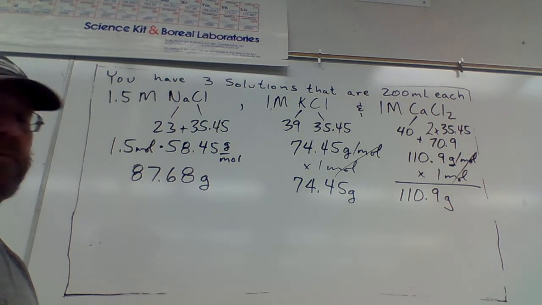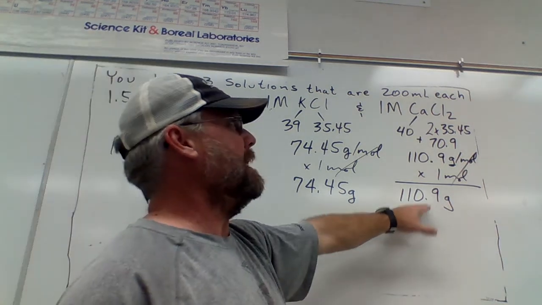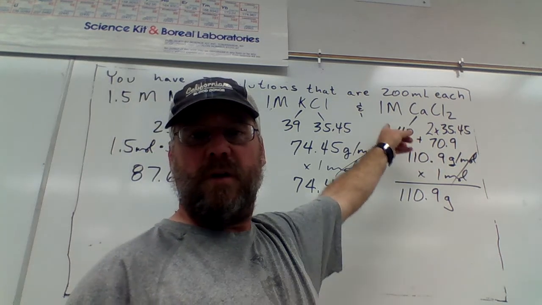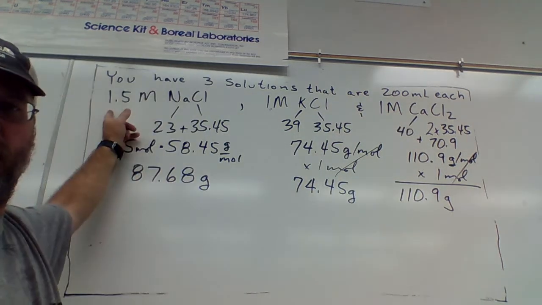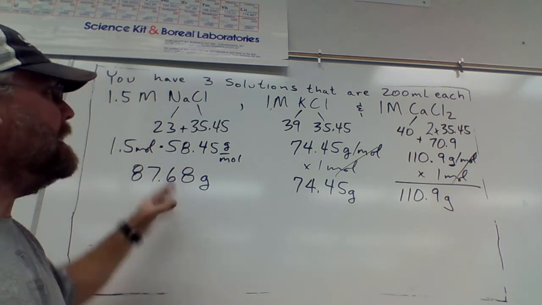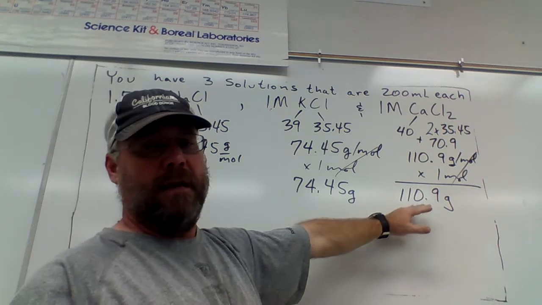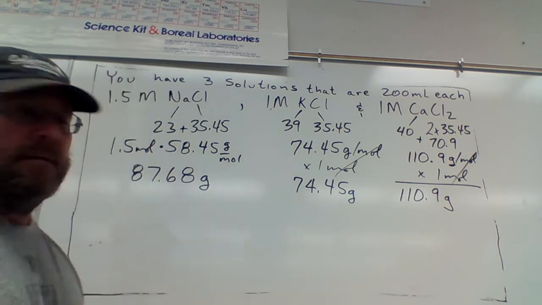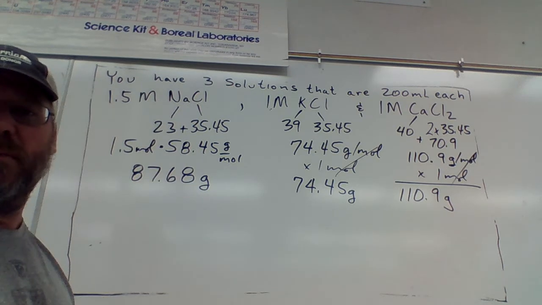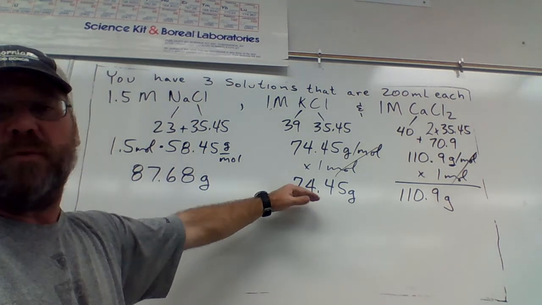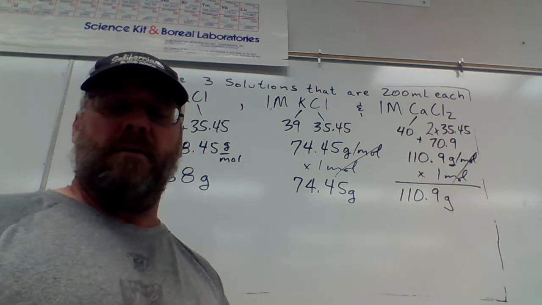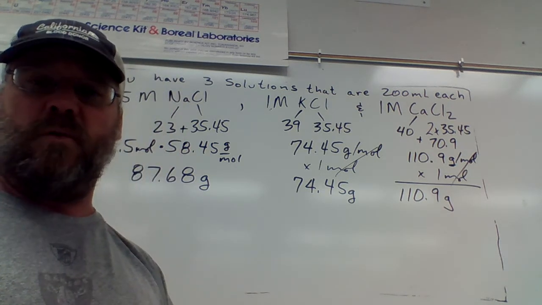And basically what we see is that 110.9, the calcium chloride, even though it has less concentration at 1 molar compared to 1.5 molar for the sodium chloride, it does actually have the greatest mass. Second place would be the 1.5 molar concentration of the sodium chloride. And third place, or the least, would be 74.45 for the potassium chloride.